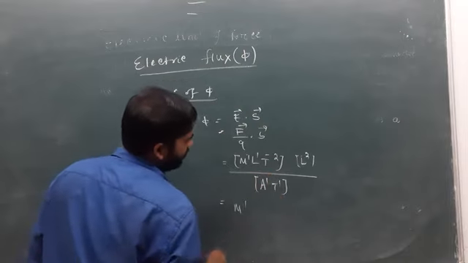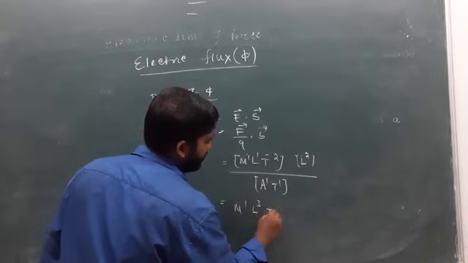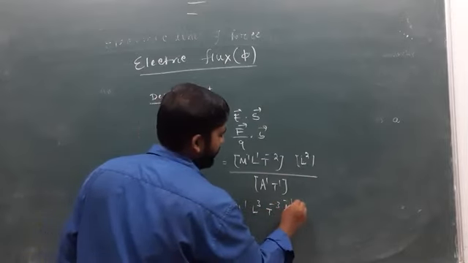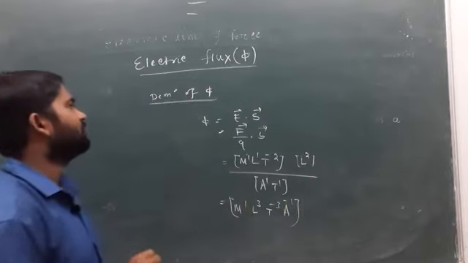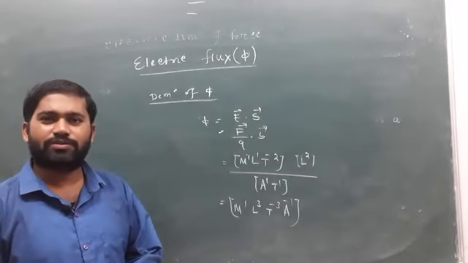So the result is M1 L3 T minus 3 A minus 1. That is the dimension of electric flux.